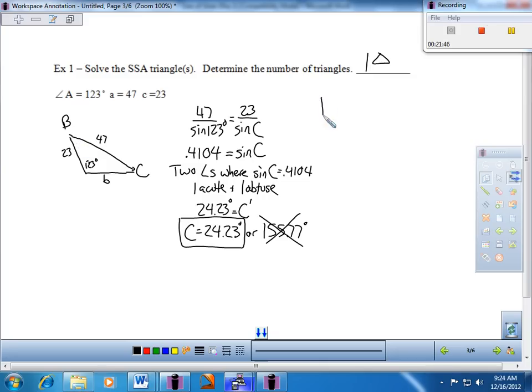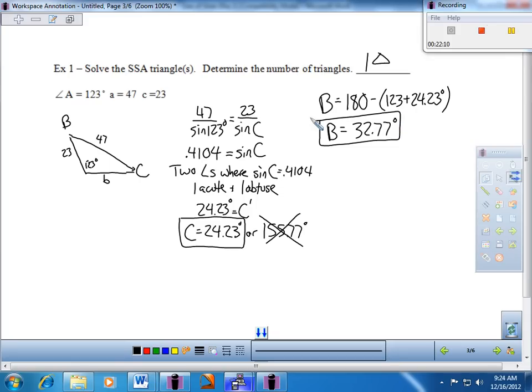So angle B, I'm going to do this completely for you, is just going to be 180 minus those two added together. So 123 plus 24.23 degrees. As I mentioned, I do have this on my paper here, so I'll go ahead and utilize that. And I have an angle B of about 32.77 degrees when all said and done.